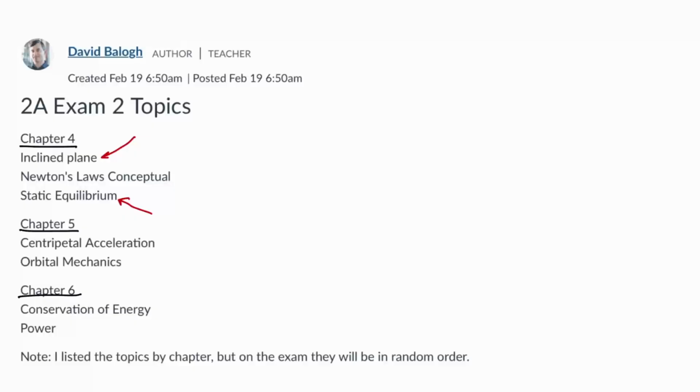Part of the difficulty that makes the problems long isn't just the setup, it's the solving of equations once you've got the equation set up, right? Having to solve, eliminate unknowns and substitute things in. I can just give you one of the unknowns. Like if it was connected objects, I could tell you the tension in the wire, right? And that would actually make the math really fast. You still have to set up the problem. You still have to get the equation right. But then you only have one equation and one unknown to solve for, right?